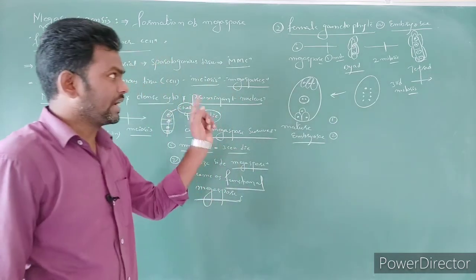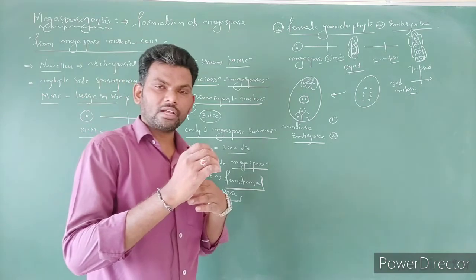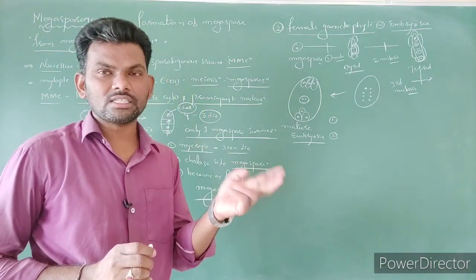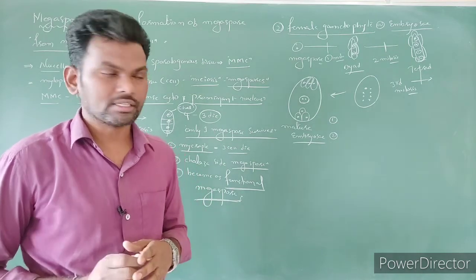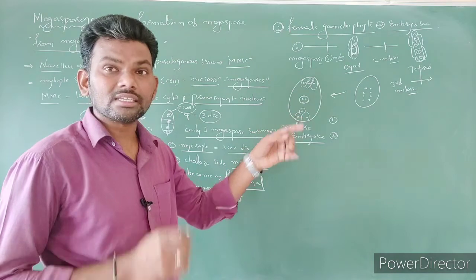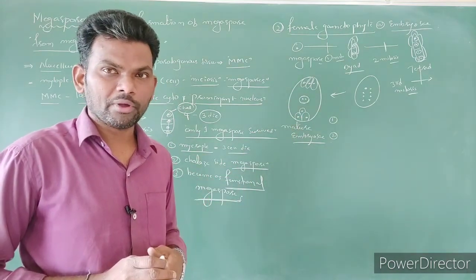Here we have to focus mainly on 2 points. First mitosis division, second mitosis division, third mitosis division. After mitosis division, we can notice 2 phases. The first phase is karyokinesis, the second phase is cytokinesis. In this case, after completion of karyokinesis, cytokinesis does not immediately occur.